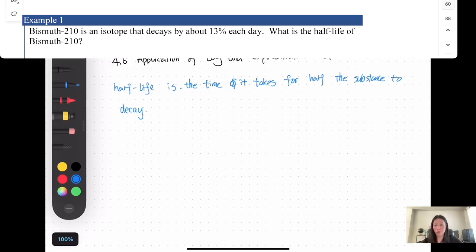So, for example, I have an isotope. It starts with 100 milligrams. Half-life is how long it takes for this substance to decay to 50 milligrams. So this is called the half-life of that specific substance. We are finding the time.